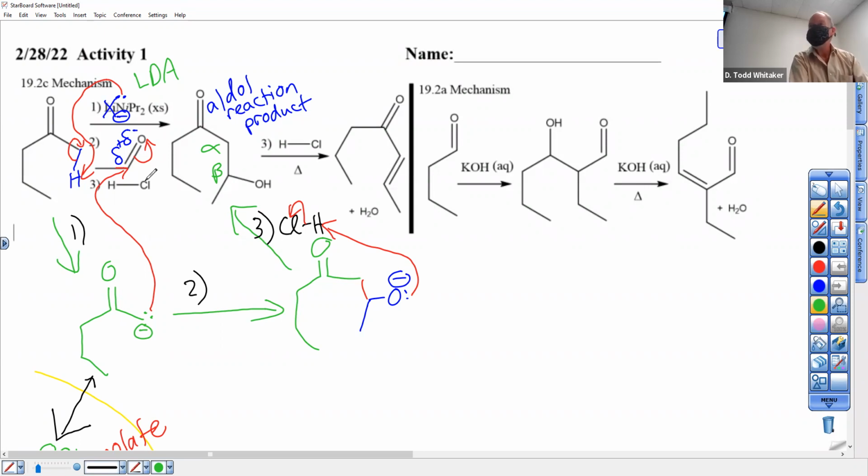As soon as you hear aldol, I got a beta hydroxy to another carbonyl. It's hydroxy beta to a ketone or an aldehyde. And he also said it could have been an ester. And there's your aldol reaction product. This is the aldol condensation product.